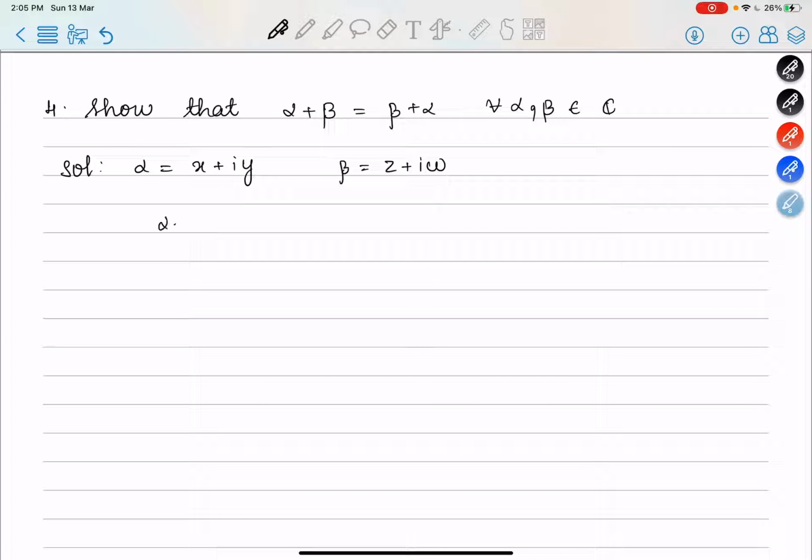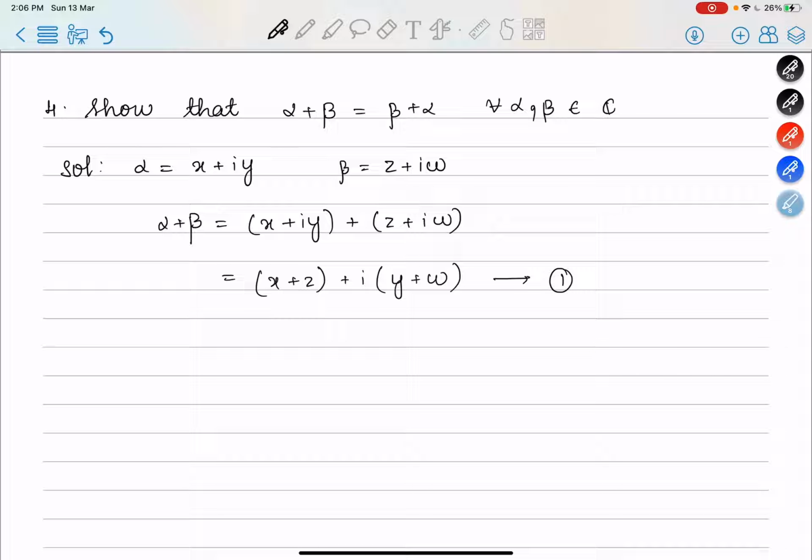So alpha plus beta will be x plus iy plus z plus iw. According to the addition of complex numbers, I have to add the real parts together and the imaginary parts together, and I'll get this. Now let this be equation 1.